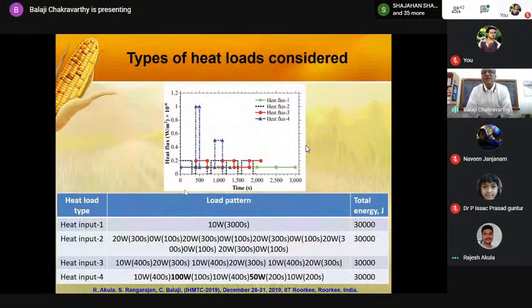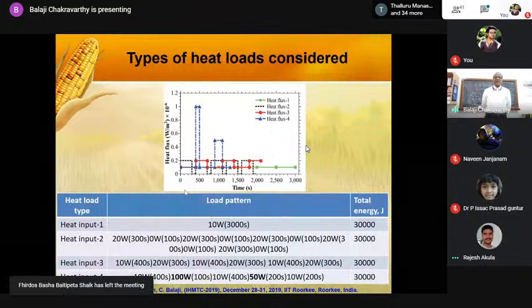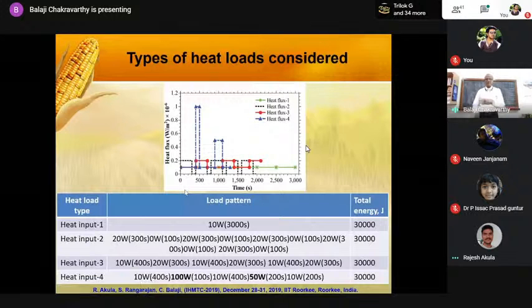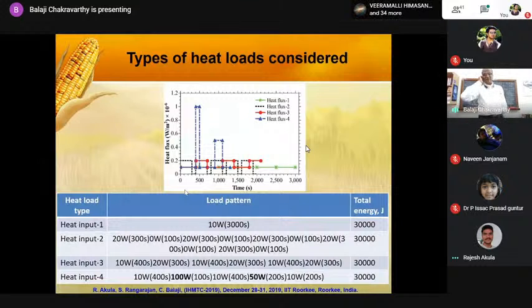One is, you can see heat flux 1, bottom, first row: 10 watts continuously for 3000 seconds. Total energy is 30,000 joules. Now in all this masala we are doing, the total energy will be the same. Heat input 2 is 20 for 300 seconds, 0 for 100 seconds, 20, 20, 0, 20, 0, 20, 0. Heat input 3 is 10, 20, 10, 20, 10, 20. Heat input 4 is 10, 100 and 50.